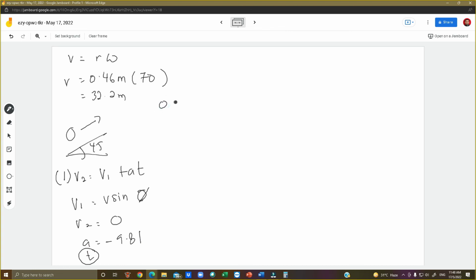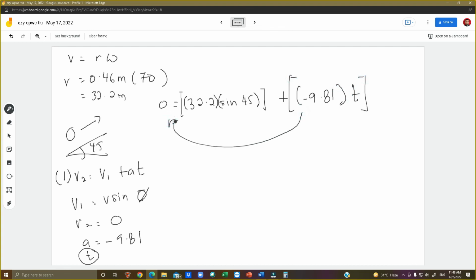Okay, 0 equals V, which is 32.2 sin 45. Okay, so we have V sin theta, that is V1, plus negative 9.81 T. So we are going to send this part to the left hand side.